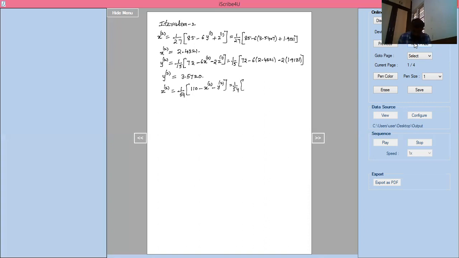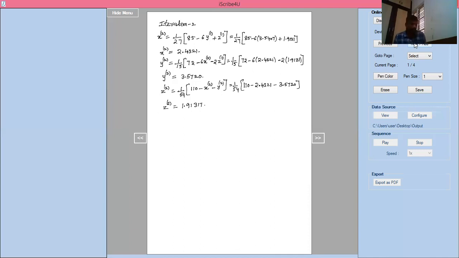So 1 by 54 into 110 minus 2.4321 minus 3.5720. If you simplify this, the value of z of 2 is 1.91317.